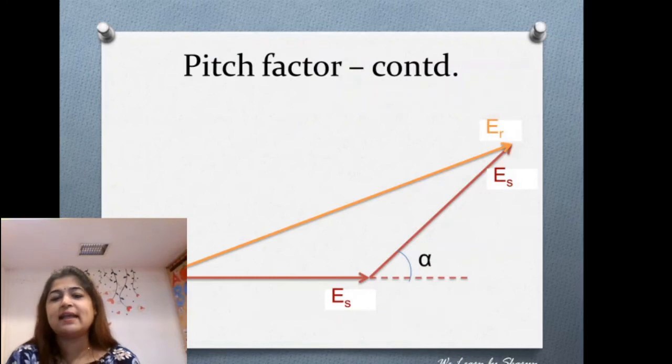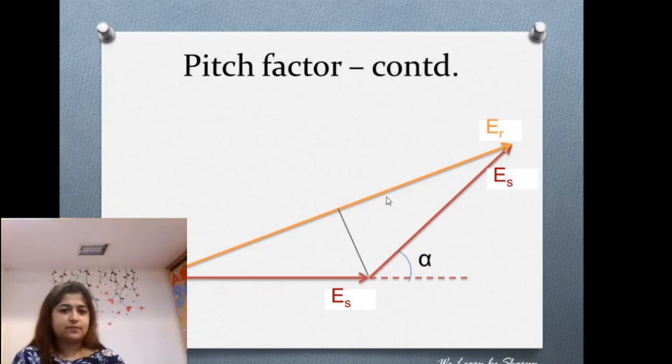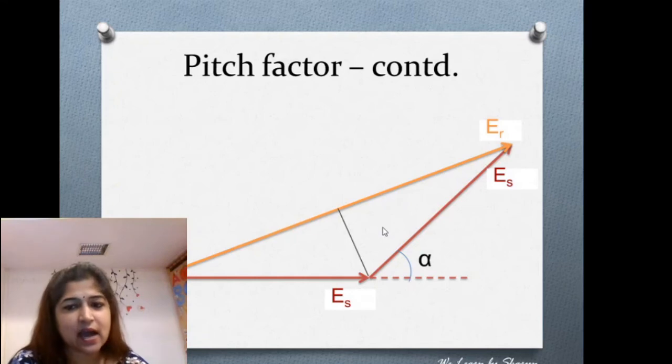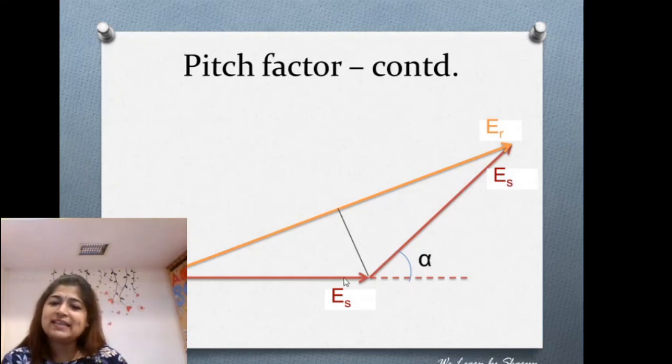So let's get the value of ER. To understand ER better, let's have the same phasor here. I'll draw a line from this point on ER so that it perpendicularly bisects this ER. Now let's try to get the angle of this. If this is the alpha angle and this is 180 degree, we know, right?